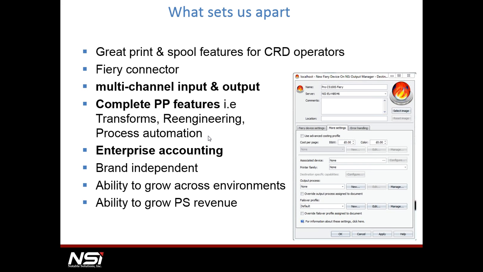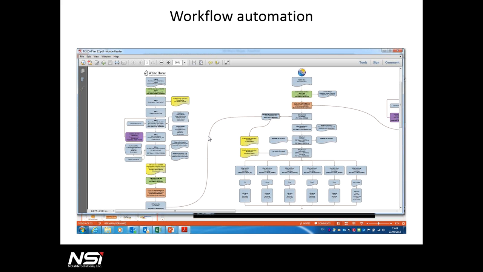So there are so many different diverse projects. Each one tends to be different, but of course it's all using a standard tool set within Output Manager. Enterprise accounting, of course, we have this one solution which can do accounting and cost allocation between office environments, the print room, and production print, which is your system-generated print.